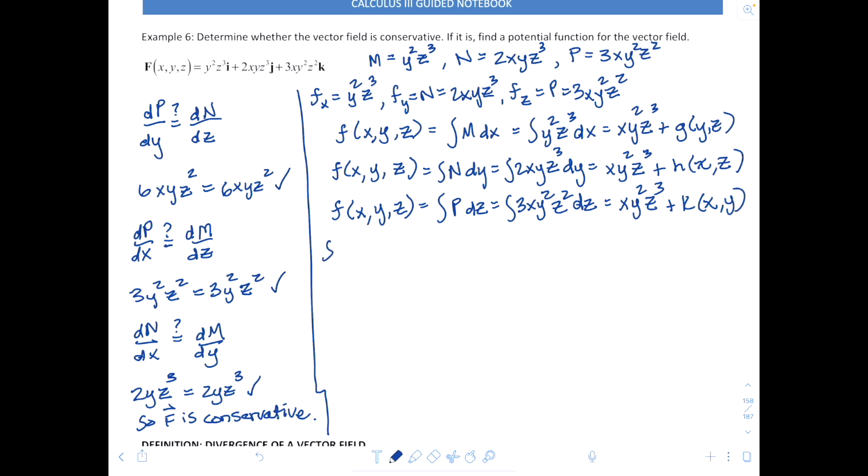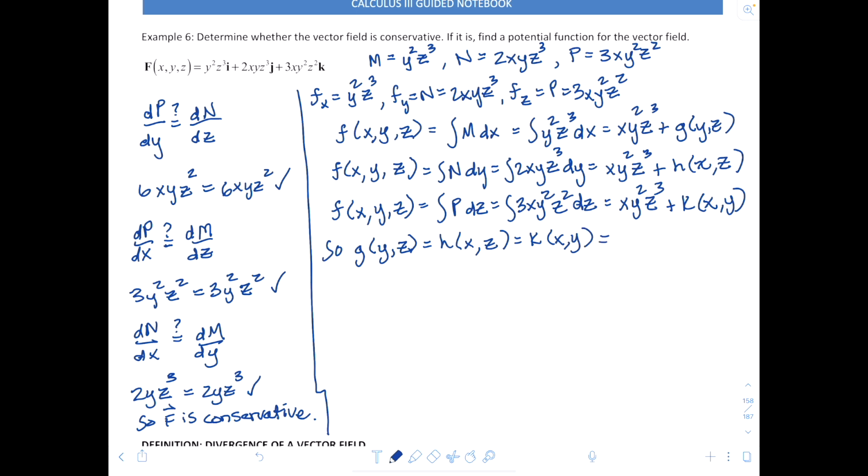So g of y and z equal to h of x and z equal to k of x and y.